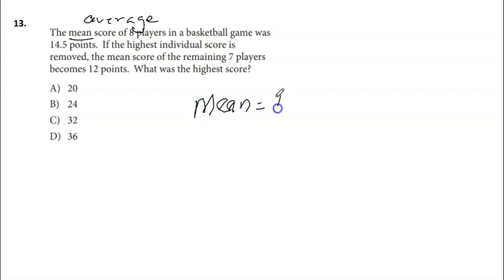And we know the mean is going to be what? Total over count. Right? This is the simplest way I would normally put it. Total over count. So in the first instance, we've been given that the mean was what? 14.5. Right?